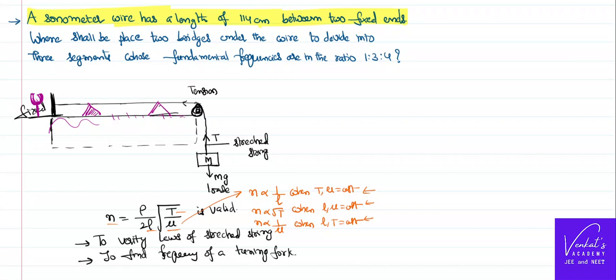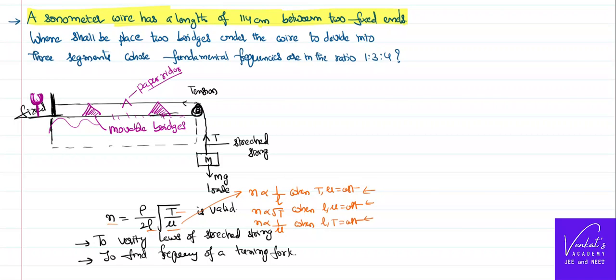Here also we'll keep one more movable bridge. So these two are small movable wooden bridges. And on the wire, in between the bridges, we keep a small paper rider.